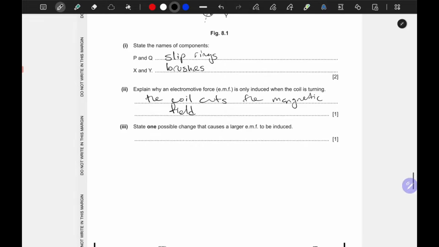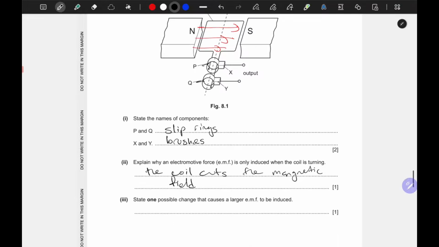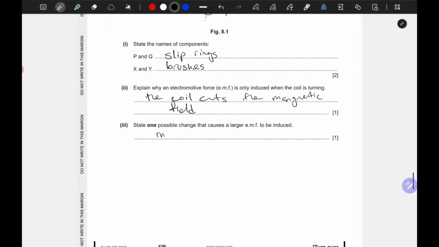State one possible change that causes a larger EMF to be induced. One of them is that we can increase the magnetic field strength.